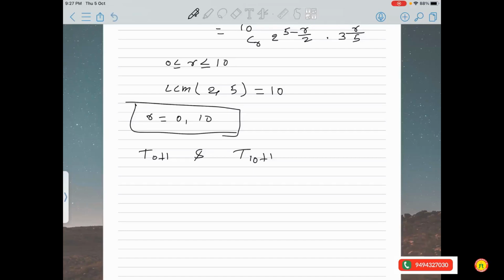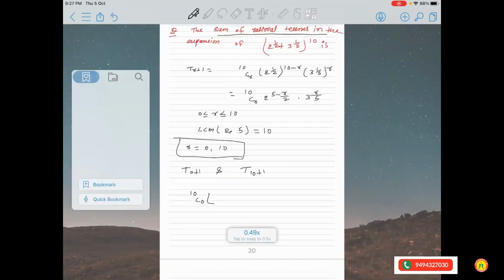So the sum of these: 10C0 (2 power 1 by 2) power 10. If you put r equal to 0, it becomes 10C0 times 2 power 5, and into 3 power 0, which means 1.